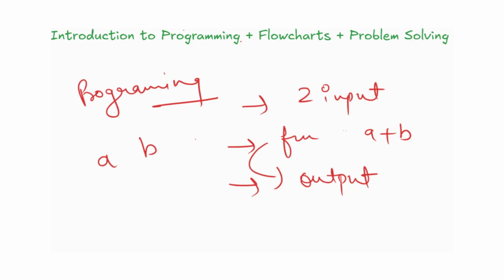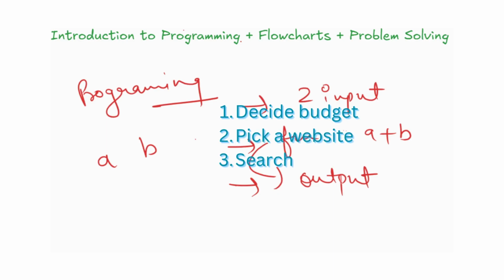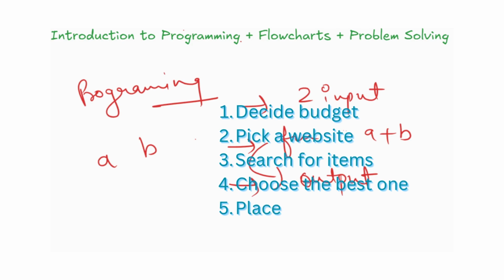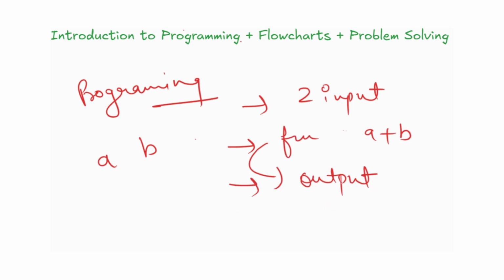You will think of something else you can give as a present, right? So you will go online, and you will decide your budget first of all, then pick a website and search for that particular item, then choose the best one, and at the end you will place the order, and that's how you can purchase a gift for your friend, right?